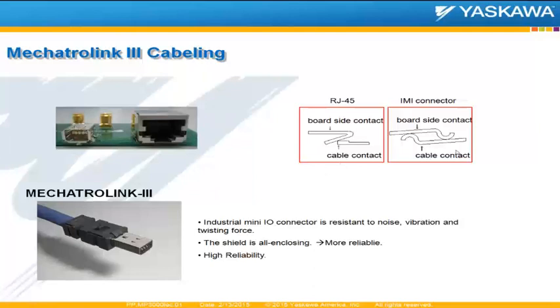And you can see in contact points, most cables only have 1 point, where the Mechatrol Link 3 connector allows for 2 points of contact. What this does is make the system very reliable, resistant to noise, vibration, and also of the connectors pulling out.